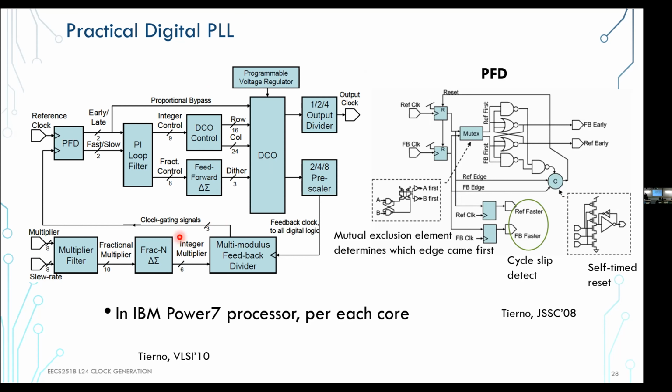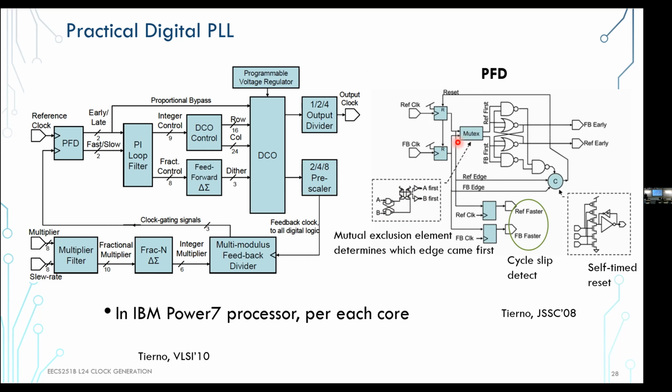So those are kind of the two tricks, and this is a really cute circuit because it has, for example, the self-timed reset. So this is the Muller C element. It actually self-times when the two edges are reset. And then this, they call it mutex.